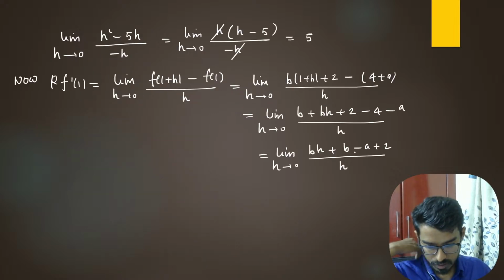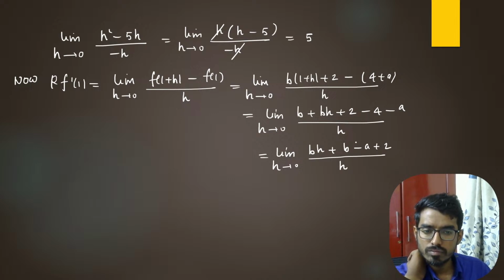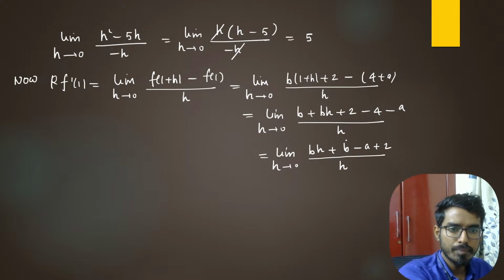Is there any mistake I am making? f of 1 is b plus 2.